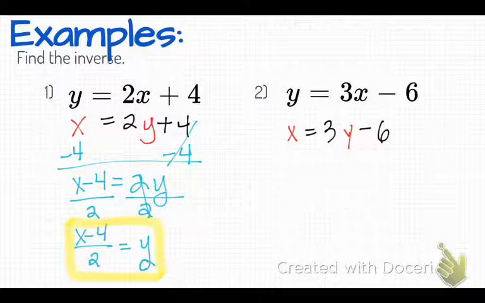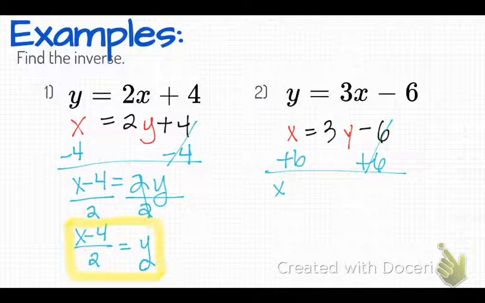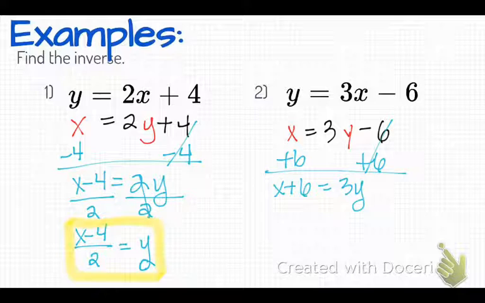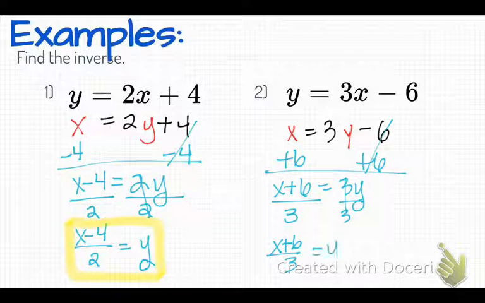Why am I adding 6? Addition is the inverse operation of subtraction. So I have x plus 6 equals 3y. What do I do next? Divide by 3. Are we following along so far? Okay. So then I get x plus 6 over 3 equals y.